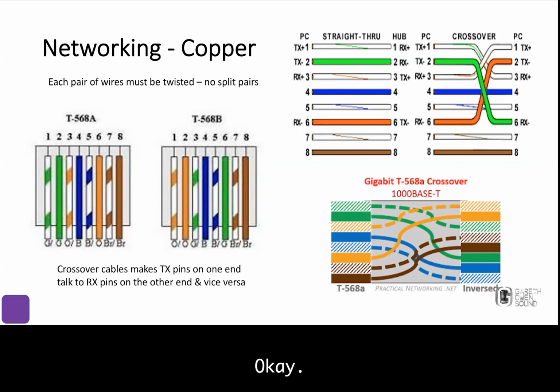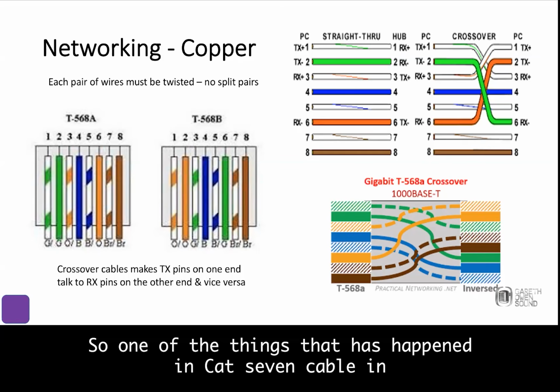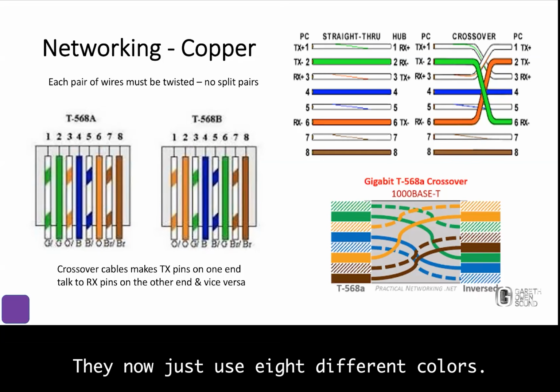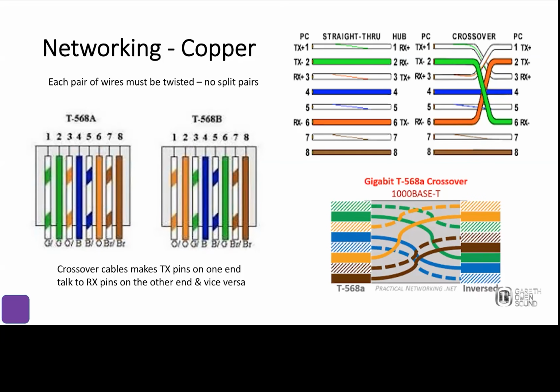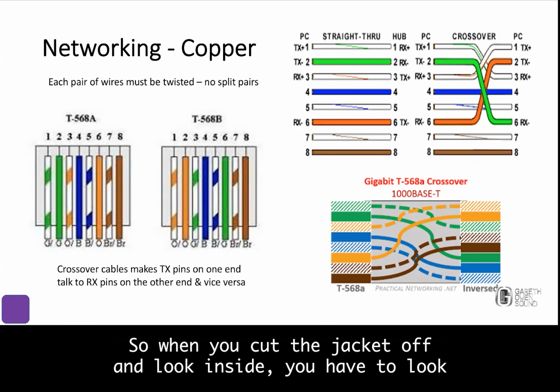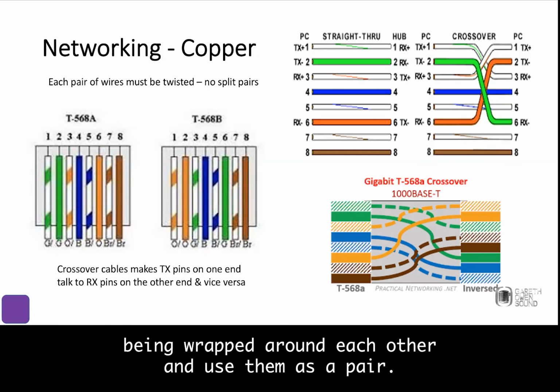Okay. So one of the things that has happened in Cat7 cable, with the Tor grade Cat7 and others, is they now just use 8 different colors. So you have to be really careful about keeping pairs of wires associated together. When you cut the jacket off and look inside, you have to look for the 4 different pairs being wrapped around each other and use them as a pair.